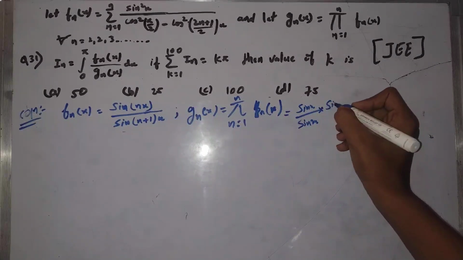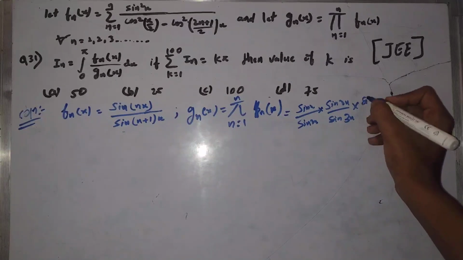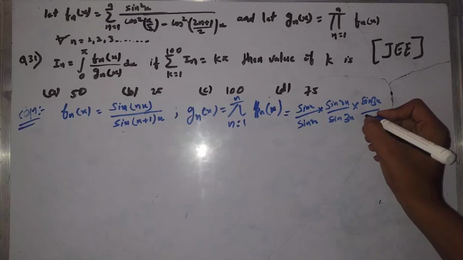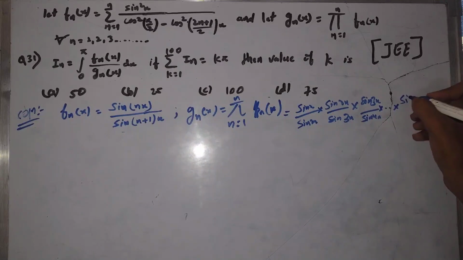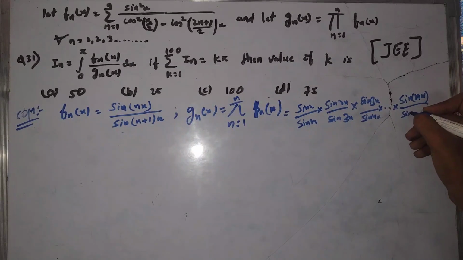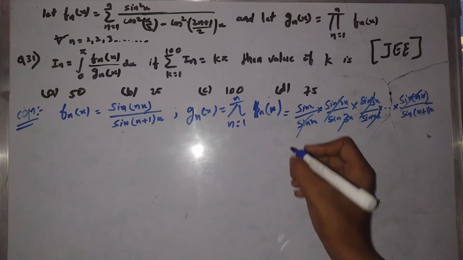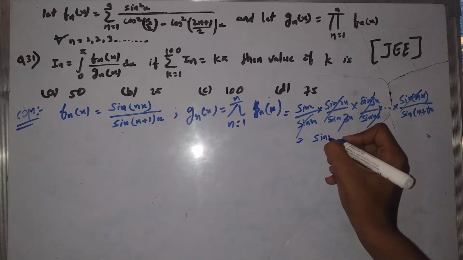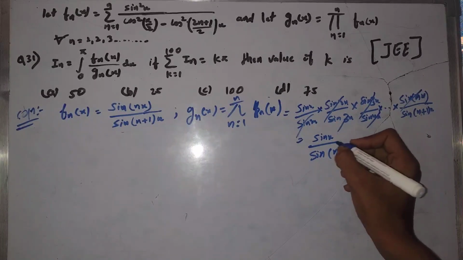Then sin 2x in the numerator over sin 3x, then sin 3x over sin 4x, all the way up to sin nx, with sin (n+1)x in the denominator. This whole thing will be cancelled, and g_n(x) would be sin x upon sin (n+1)x.